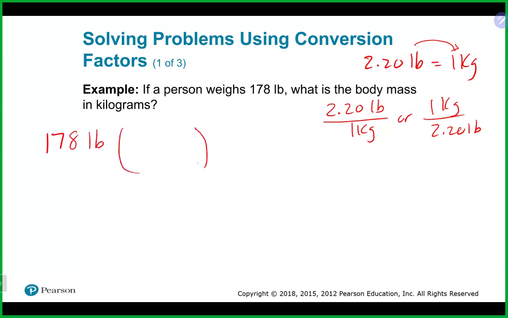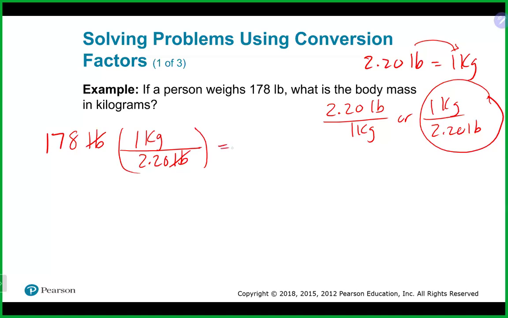Once again, not really written as a fraction, but the pounds is up on top, which is important because now all I need to do is the opposite move. That's going to give me 1 kilogram on top, 2.2 pounds on the bottom. The pounds will cancel. We multiply on the top, which is not much, so it's basically 178, and then divide by what's on the bottom, the 2.2.